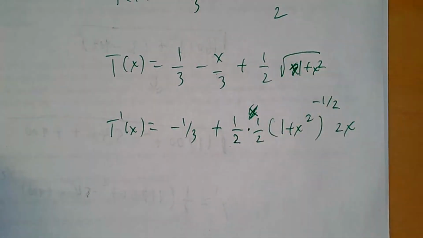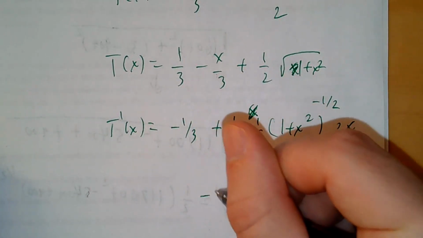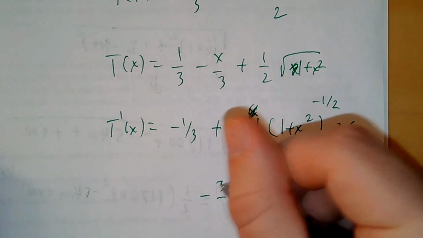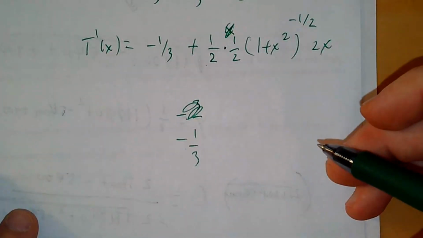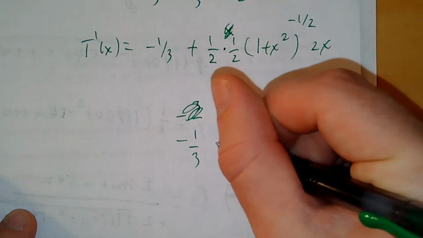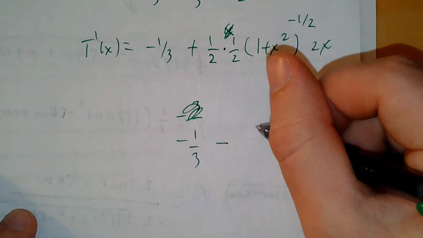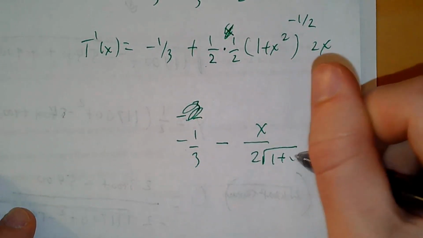Okay. This then simplifies to negative 1/3 plus x over 2 root 1 plus x squared.